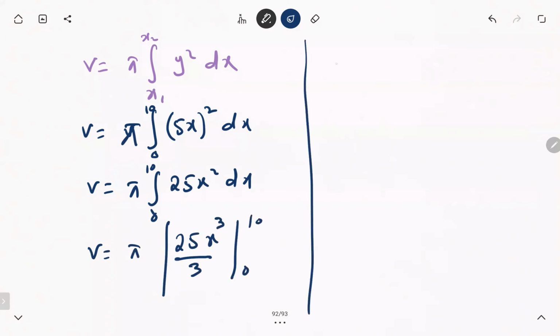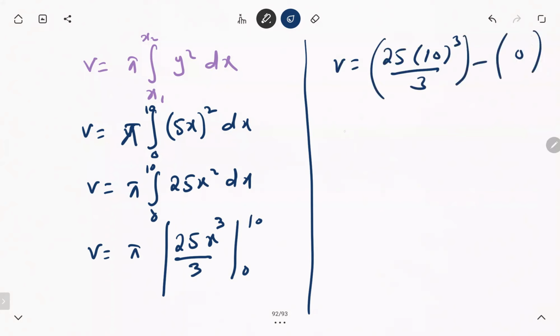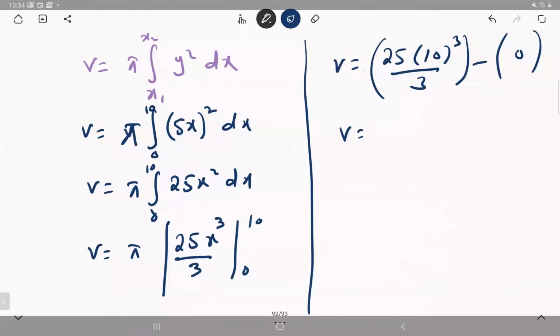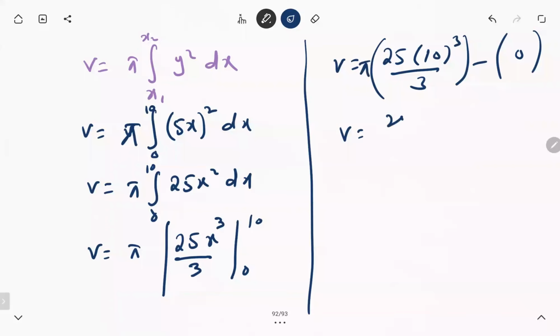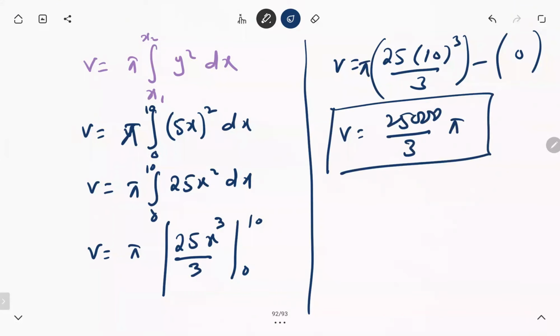Once you have integrated, now put in the limits. 25 times 10 cubed over 3 for the upper limit, minus 0, which gives 0. What is 10 cubed? It's 1000. 25 times 1000 is 25,000 over 3 pi. Yes, we got the same answer.